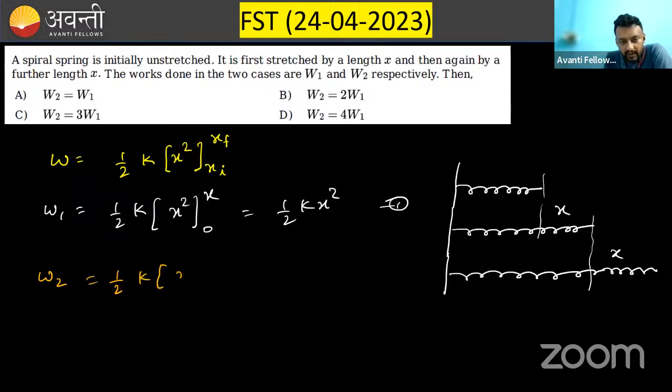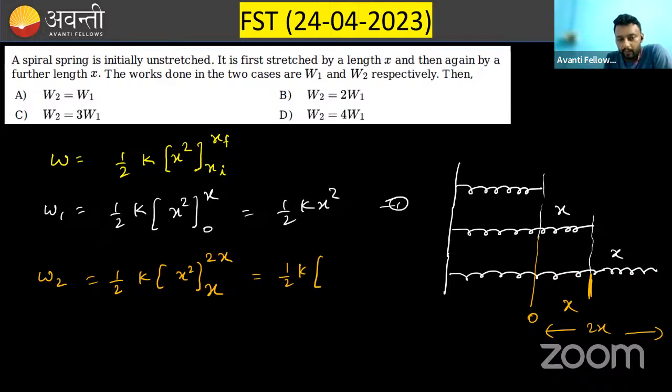Now, finally, if I calculate W2, W2 is the work done from half k x square. The limit will be what? The original is 0. It is stretched from x and the total is 2x. So the initial position is x, the final position is 2x. If you solve it, that is half k, put the upper limit, that is 4x square, minus the lower limit, that is x square.